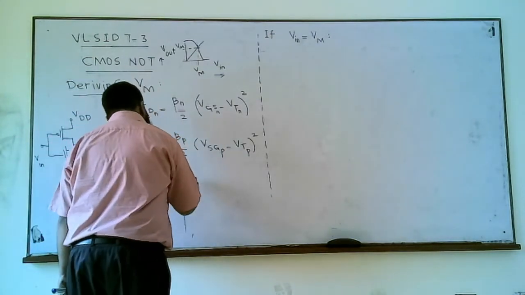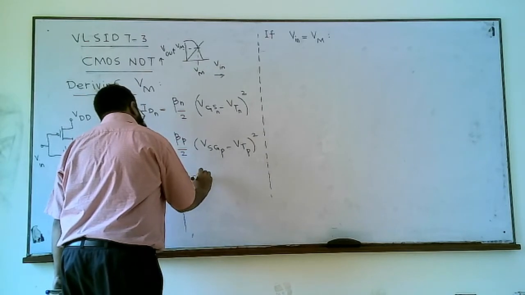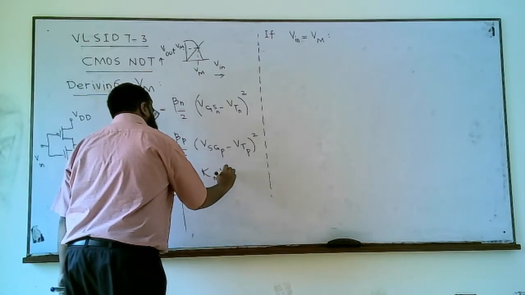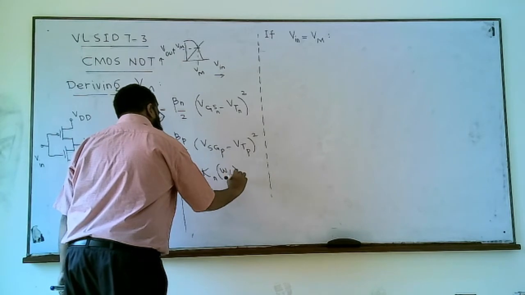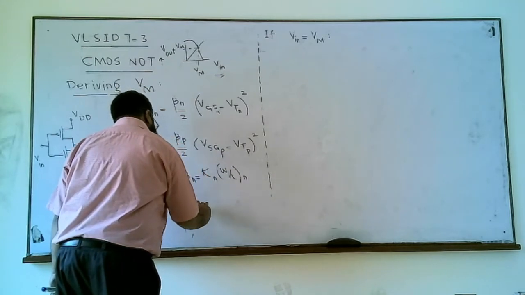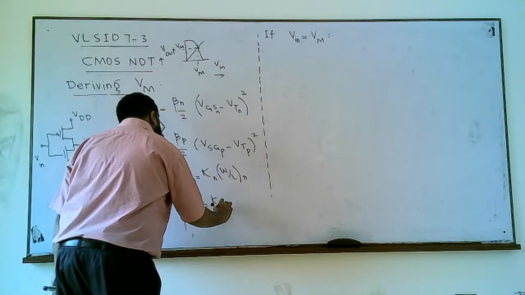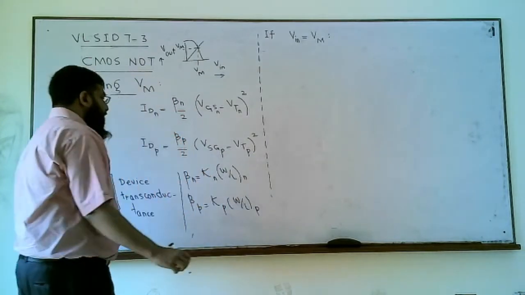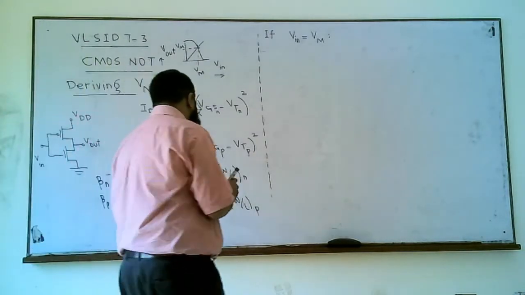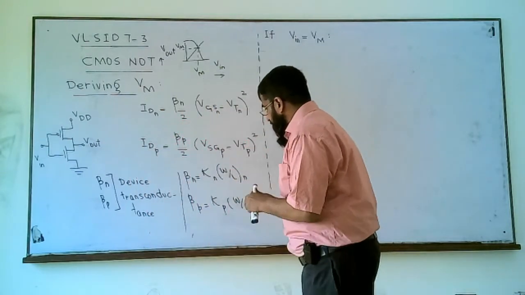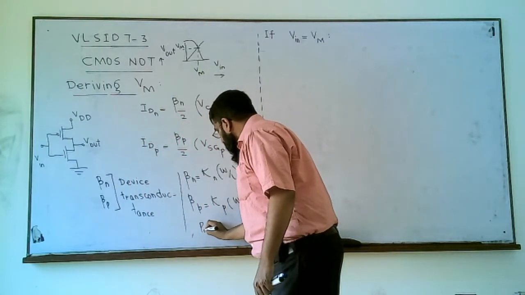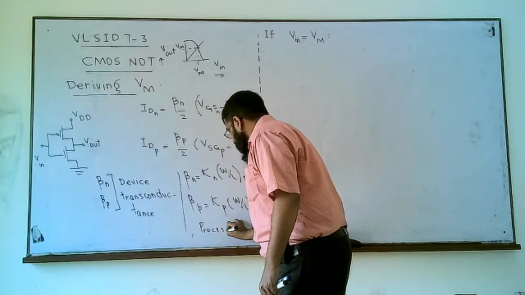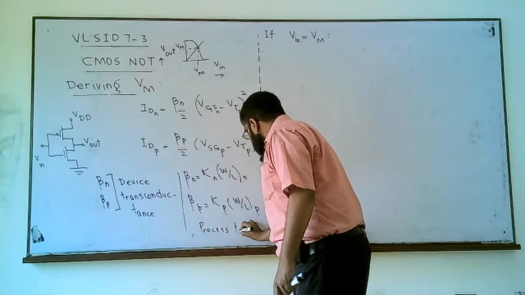Beta N is kappa N times the aspect ratio of N, and beta P is kappa P times the aspect ratio of P, where kappa N and kappa P are process transconductance, and they are not in the control of a VLSI designer.